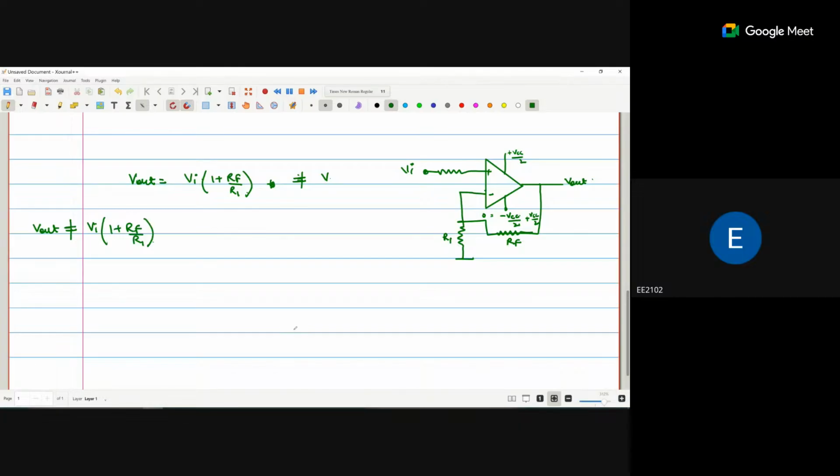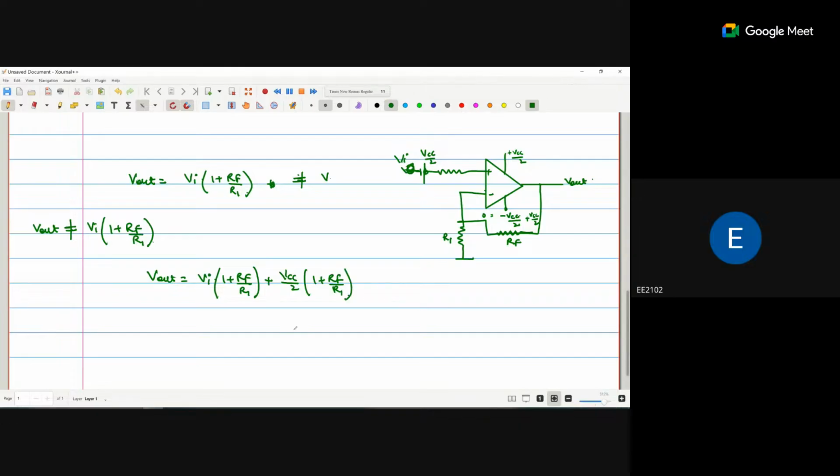So to equalize them, what should we do? We add a VI voltage here, so now my input voltage is VI and we add a VCC by 2 here. But because of adding this, we get V out equal to VI times 1 plus RF by R1 plus VCC by 2 times 1 plus RF by R1.